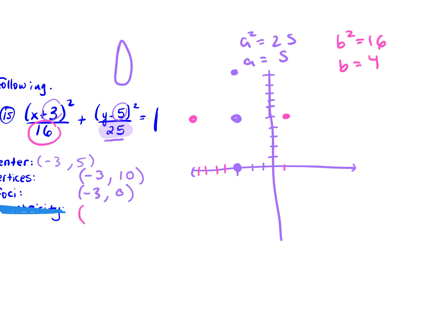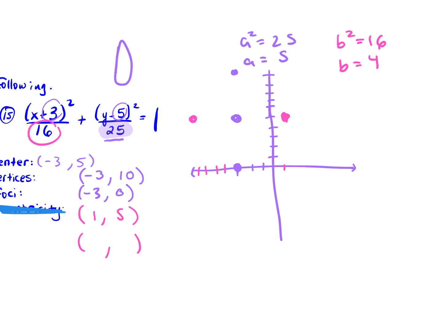And then what about our minor vertices? What are those points going to be? The pink dots. We went to the right 1, so positive 1, and up 5.